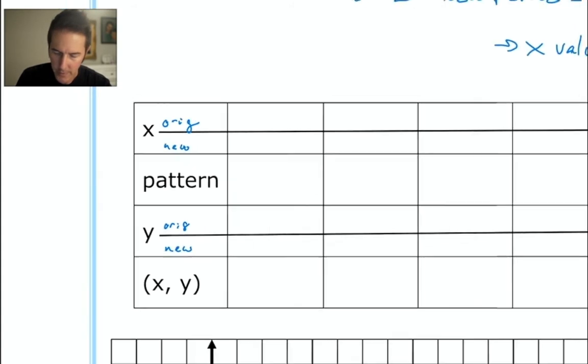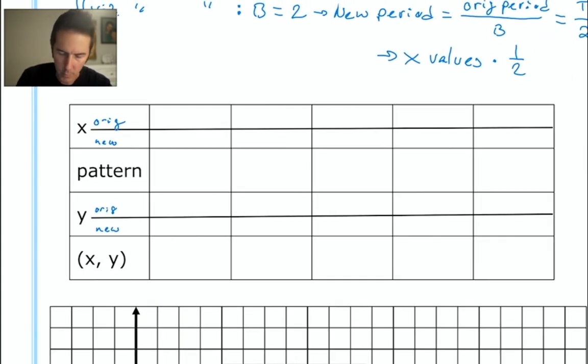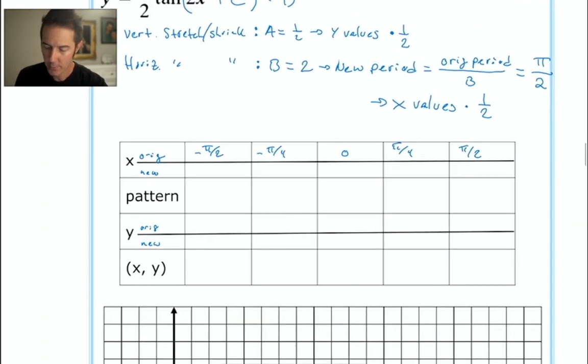And the original x values that we worked with when we first graphed the tangent function, we plotted a vertical asymptote at -π/2, and then we plotted a point at -π/4, and then at 0, and then at π/4, and then a vertical asymptote at +π/2. The new x values that we're going to work with, as we wrote down right here, are going to be half of what those old x values were.